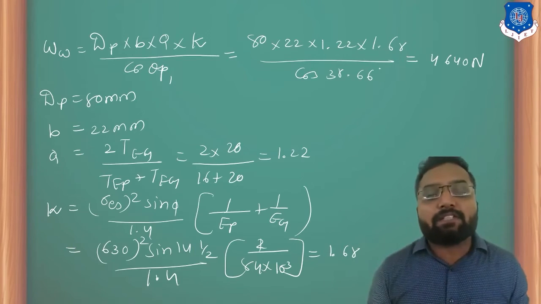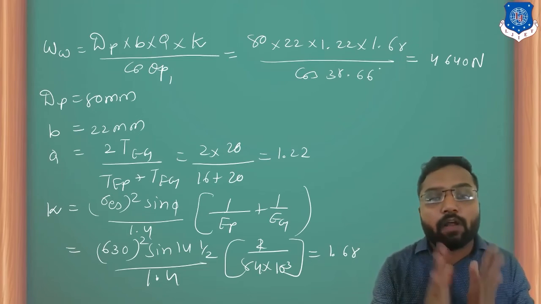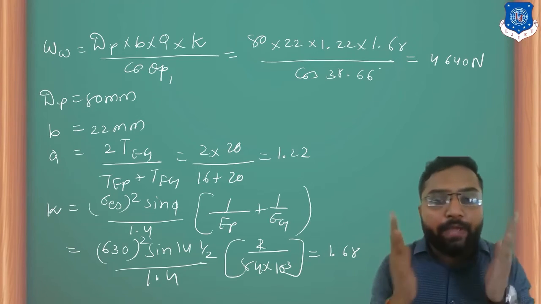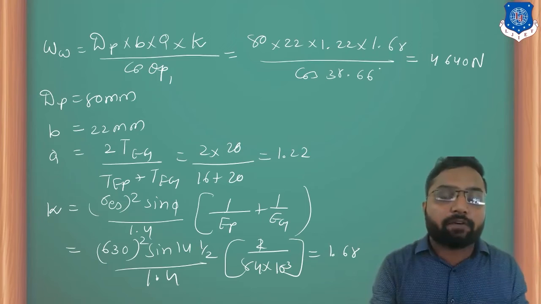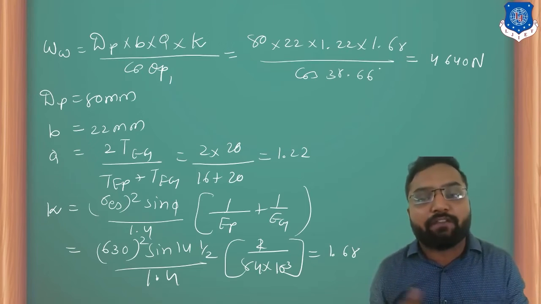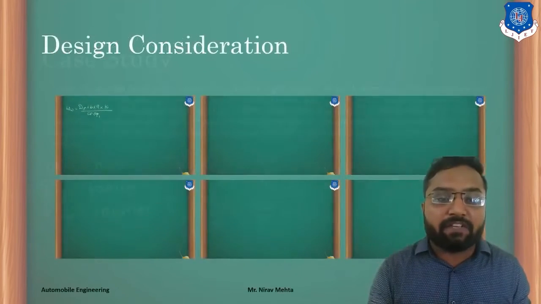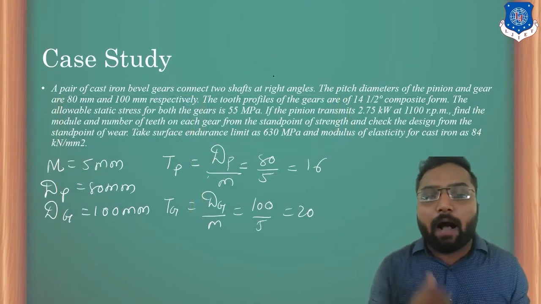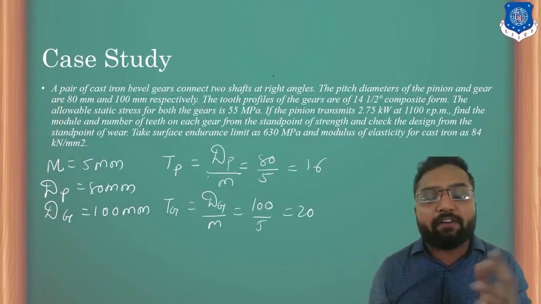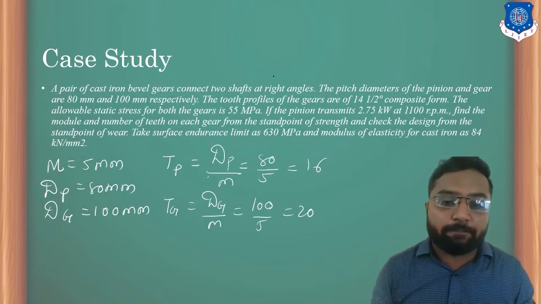The example starts with finding the module and number of teeth. We are given the diameter of pinion and diameter of gear. Depending on those input criteria, which are power and strength, we found out WT previously. Clear?